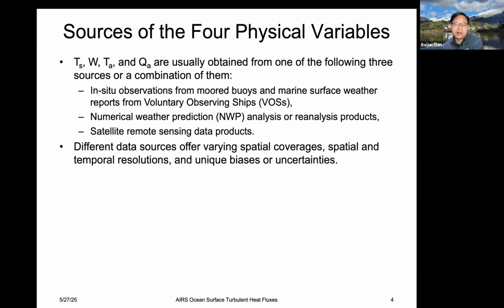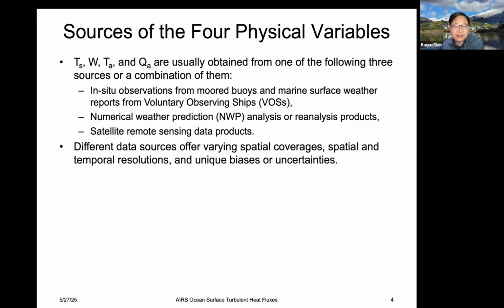Second is numerical weather prediction based analysis or reanalysis products. Third is satellite remote sensing data products. Based on the different sources, the surface heat fluxes are called different source-based ocean surface flux products. Different data sources offer very different spatial coverage, spatial and temporal resolutions, and also unique biases and uncertainties of the ocean surface flux datasets.